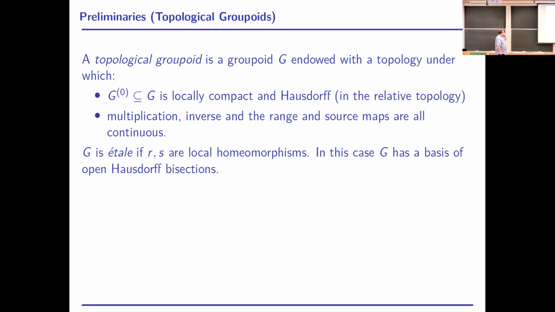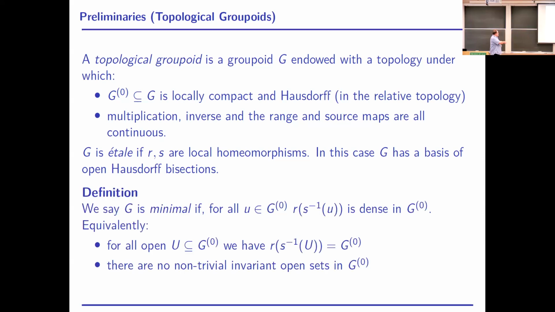And further, we say G is étale if R and S are both local homeomorphisms. And so, as I mentioned, in this case, G has a basis of open Hausdorff bisections. So even though we've got a non-Hausdorff overall topology, there are a lot of Hausdorff places, and we're going to be restricting to those when we need to recover that behavior.